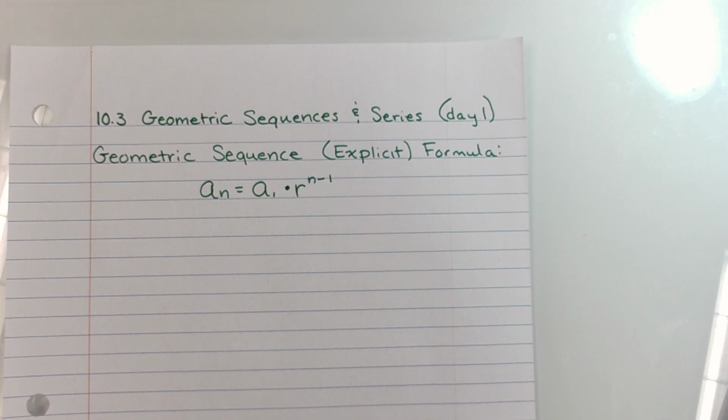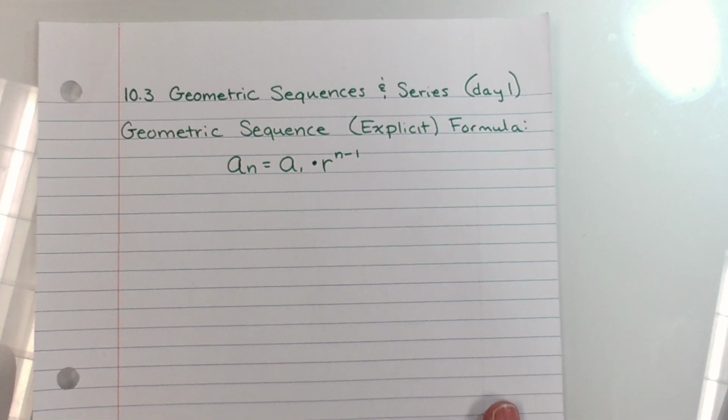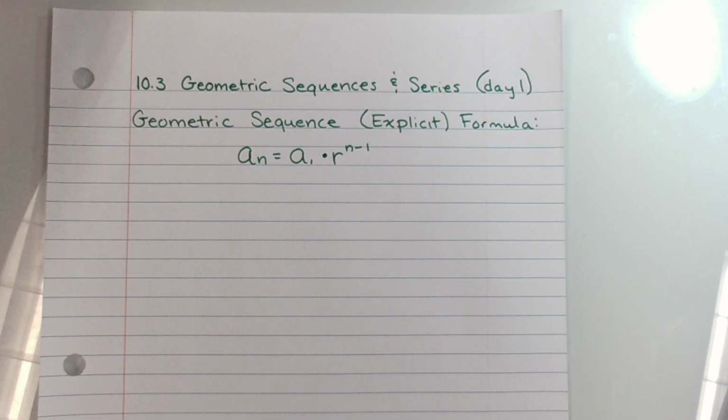Now, this is the geometric sequence explicit formula. Much like with arithmetic, this type of sequence has two formulas. It has what's known as an explicit formula, the one that you can actually plug numbers in and figure out random terms within the sequence. And then there's a recursive formula, which will break it down as the pattern itself, which we'll talk about later in the chapter.